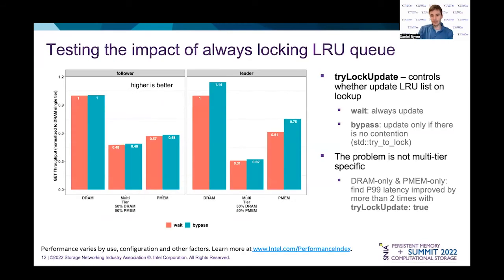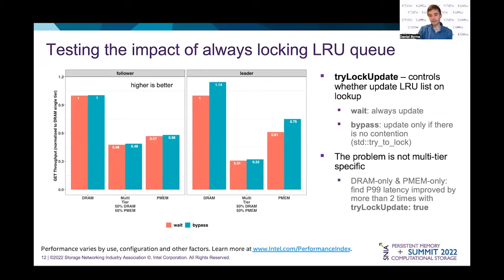There's a neat little option in CacheLib configuration called try lock update. And this controls whether we update the LRU list on a lookup. So if it's set to wait, then we always update, even if we're waiting to acquire that lock of the LRU list lock.